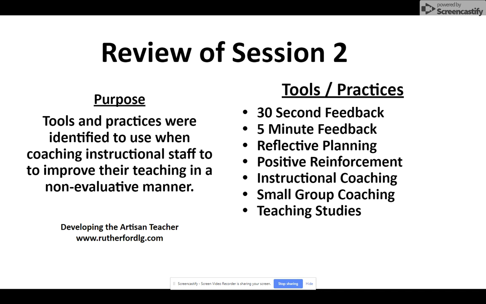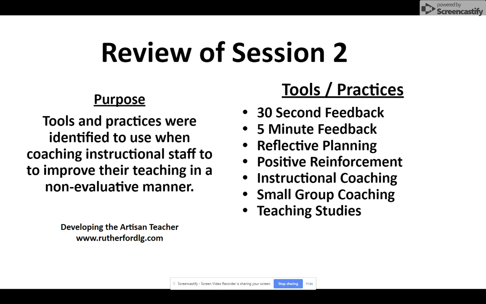But you may be in a position in your building where there's a specific tool or practice that you heard described during this training that you say, that's what we need to focus on building wide, and this needs to be a high priority for us. So you have your reflection sheet for a good reason, so you can go back and think about maybe some additional questions or areas that you want to dig into a little bit deeper.